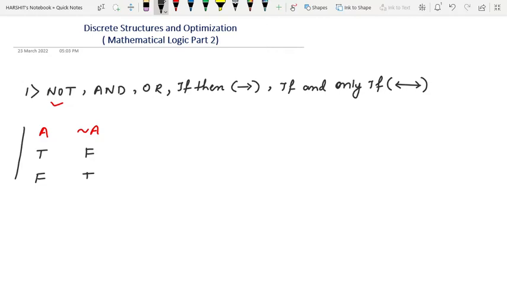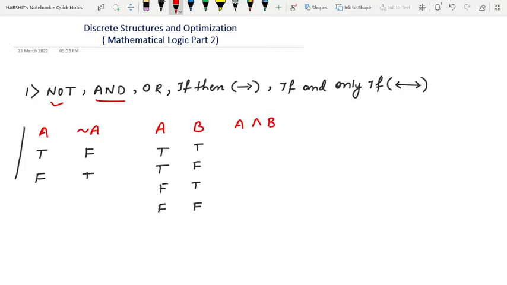Now the next is and. For that I write here A and B. We are taking two inputs, and you know that the values are like true, true, false, false, and here true, false, true and false. If we apply the logical connective and, then we can write A and B. You know that this is the symbol of and.